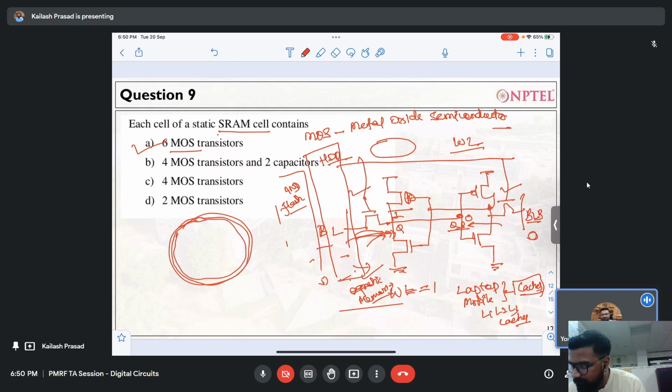In the magnetic memory, what happens? You have many disks, one on top of the other. Whenever you want to write into the magnetic memory, you have some pointer which moves. That is the reason why whenever you write in the secondary memory, it makes a noise, because it is rotating.